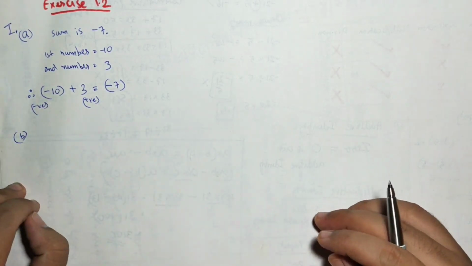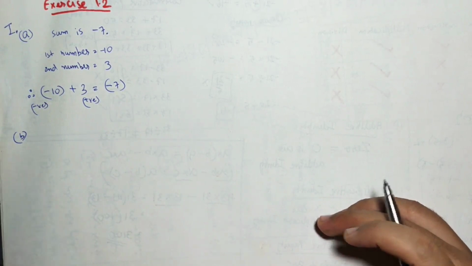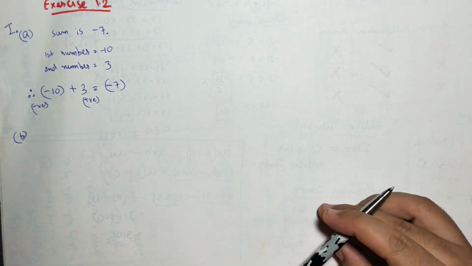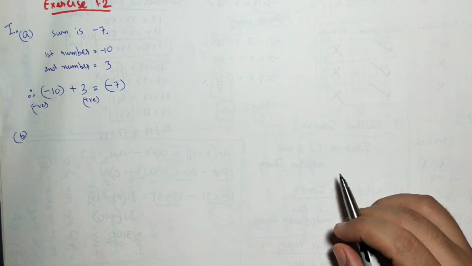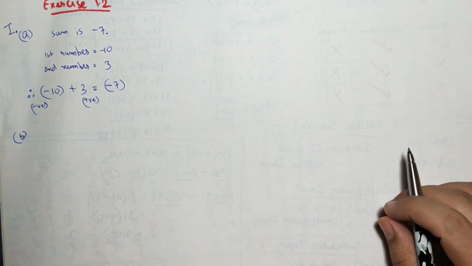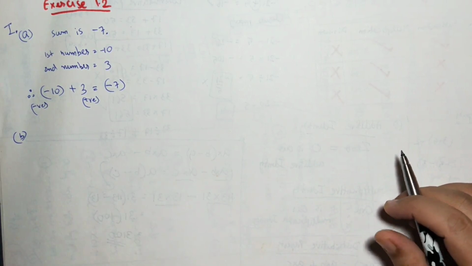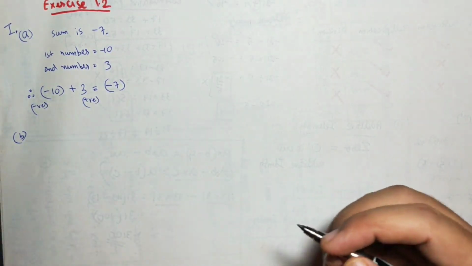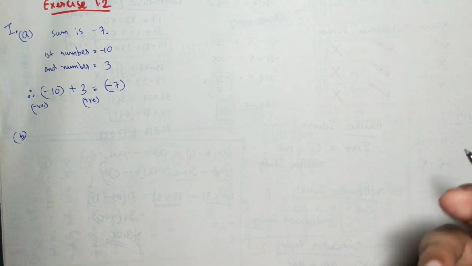B. Difference is minus 10. Think of two numbers whose difference is minus 10. Now, how to find two numbers? Their difference should be minus 10. So, as I said, there are infinite answers.